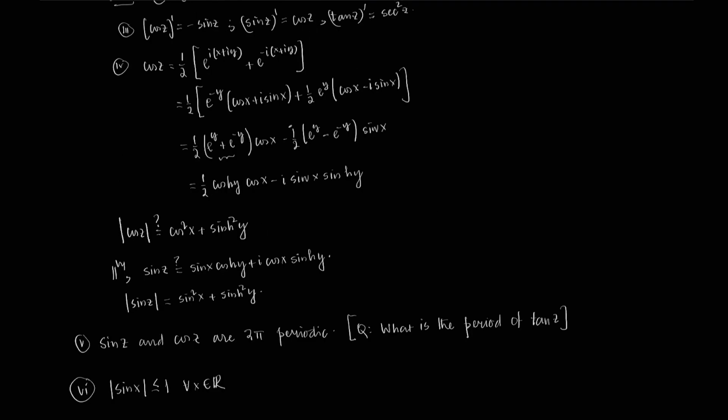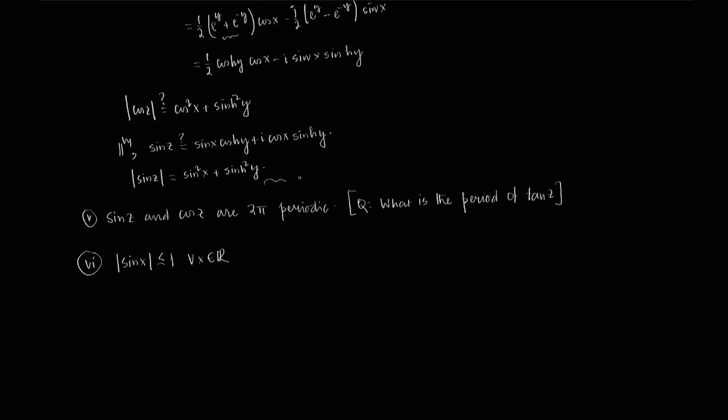From star, mod sine z is nothing but sine square x plus sine hyperbolic square y. Now, the first part is always bounded by 1, because x is real, so sine square x is always bounded by 1. What about the second one?